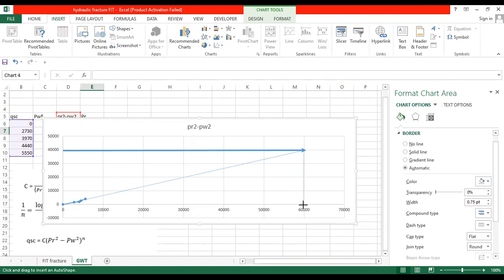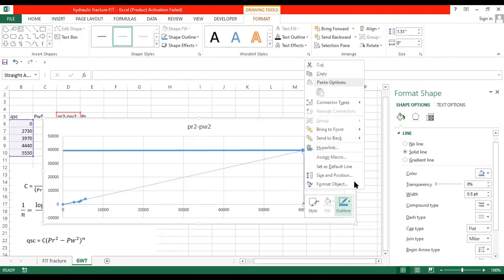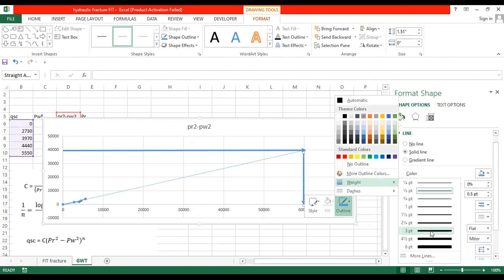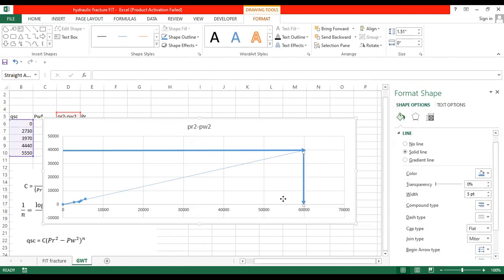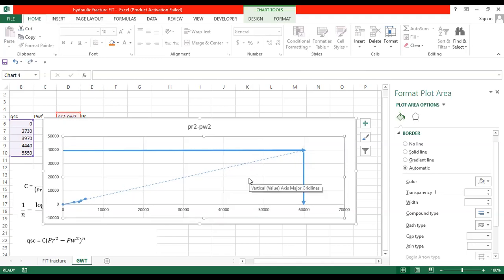You can see that the value coming from the projected intersected line towards the x-axis is almost equivalent to 60,000 standard cubic feet per day.